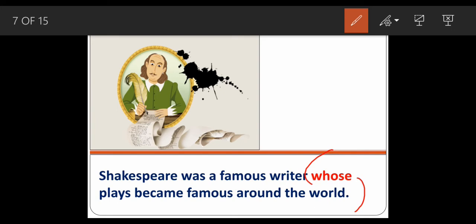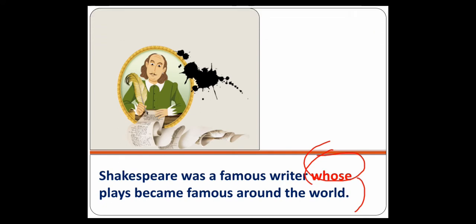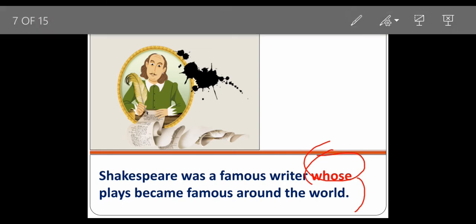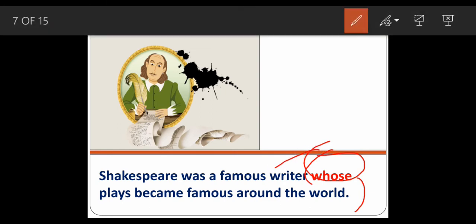And we use whose to introduce this relative clause. So the relative pronoun is whose. Now whose plays became famous around the world describes the writer. So it gives more information about this person, famous writer.